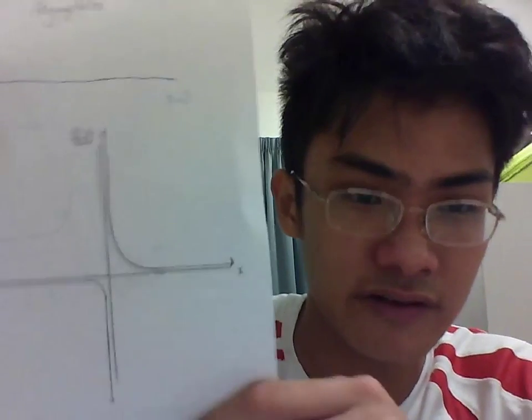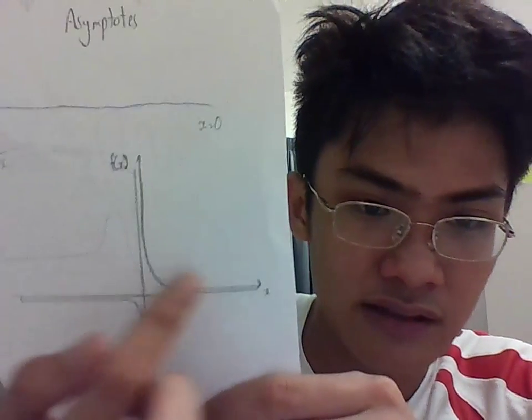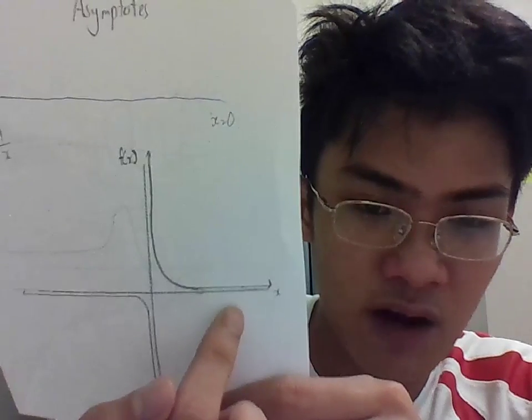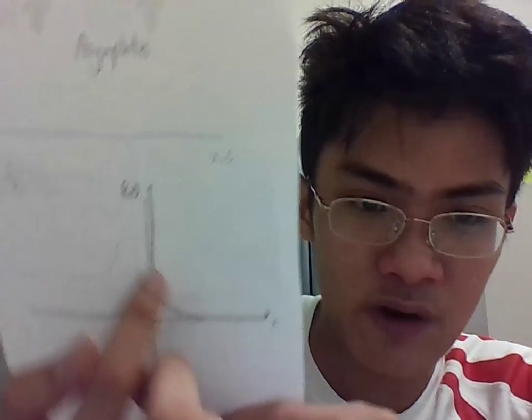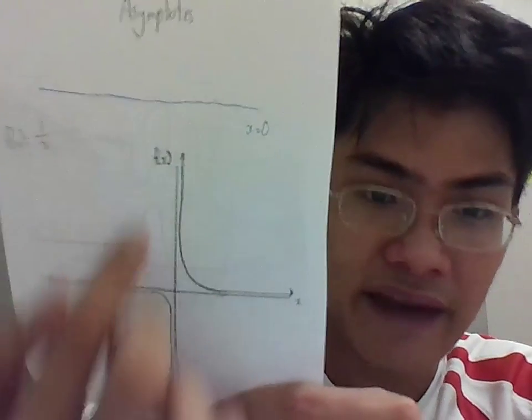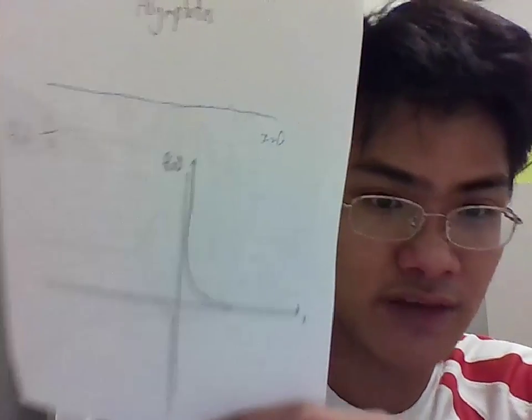So the closer x gets to 0, the bigger your y value. And that is exactly what we see with the graph. As x, you see your y value is so little now, but as it gets closer and closer to 0, your y value increases, and the closer it gets, the bigger your y value.